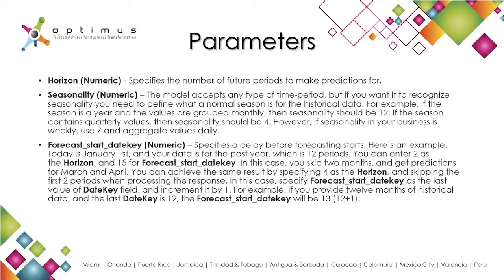Now, we have some parameters that you need to know. Horizon specifies the number of future periods to make predictions for. Okay, so we can tell Cortana, I just want a prediction for the next week. No, we want a prediction at least for 4 to 6 periods in the future, so you can check that there is actually a trend.